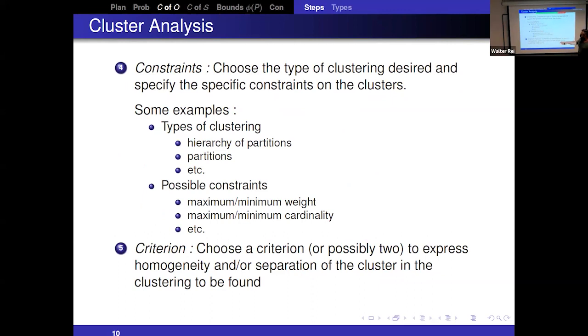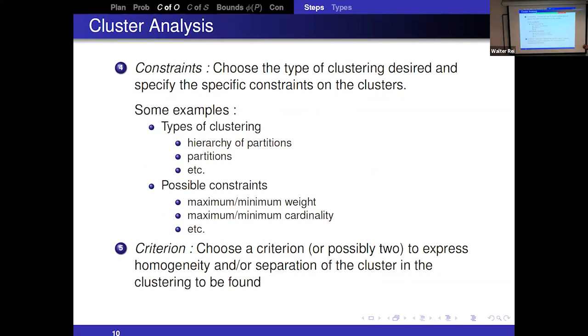Steps 4 and 5: now you're modeling the problem. What do you want? What constraints do you want to impose on the clusters? Do you want a partition? Do you want a packing? Do you want a hierarchy of partitions? What are you building in terms of clusters? You need to choose a criterion, or maybe multiple criteria.